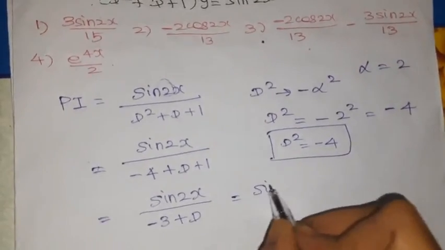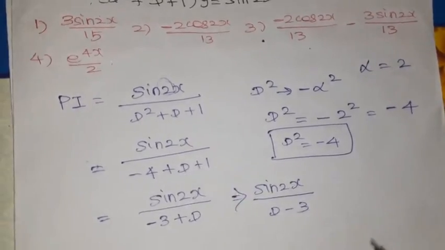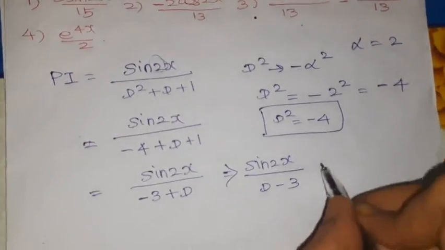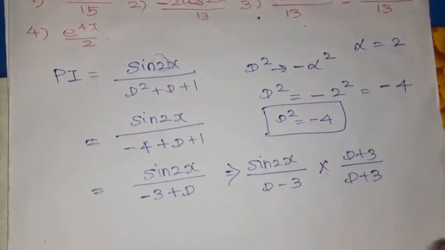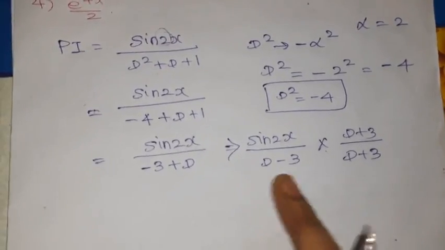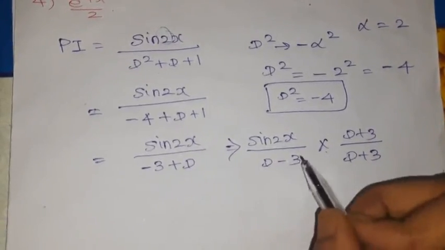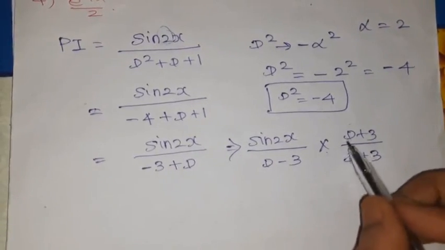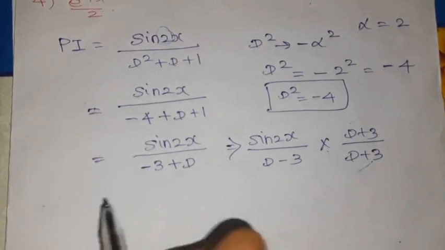I will write like this: sin 2x by d minus 3. So, what is the next step? We need to multiply by d plus 3 divided by d plus 3, okay? Whenever d minus 3 comes, we need to multiply both numerator and denominator by d plus 3.